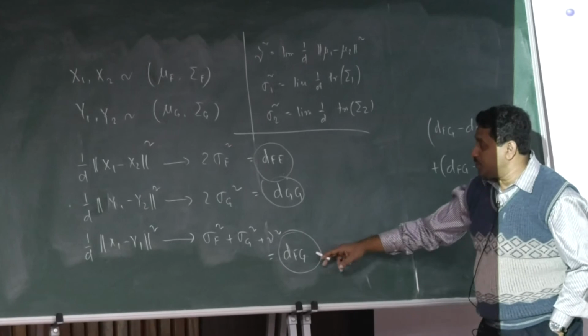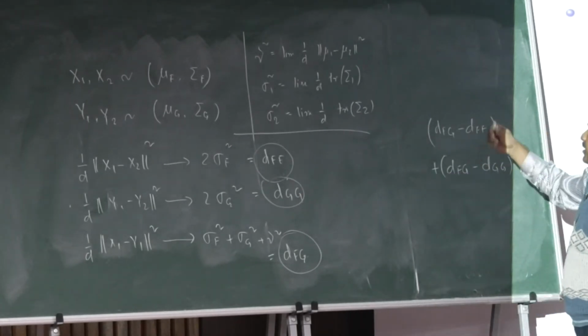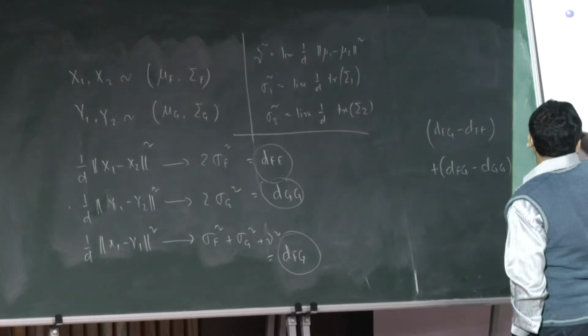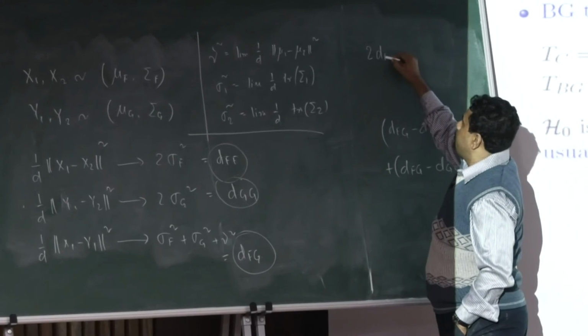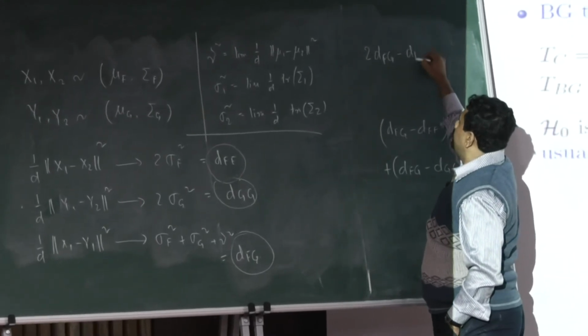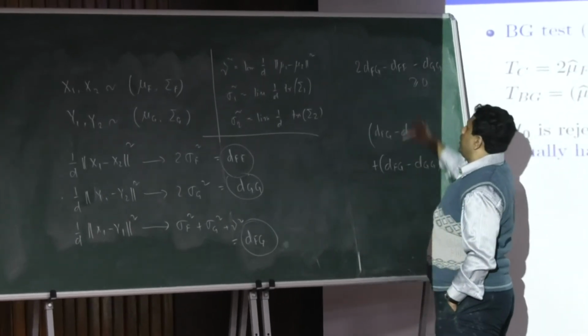Note that this cannot be smaller than both of them, because of the Bhattacharya-Hahn-Spann result, from there what we have is that DFG minus DFF minus DGG will always be non-negative.